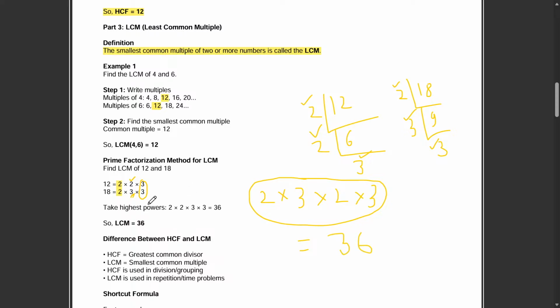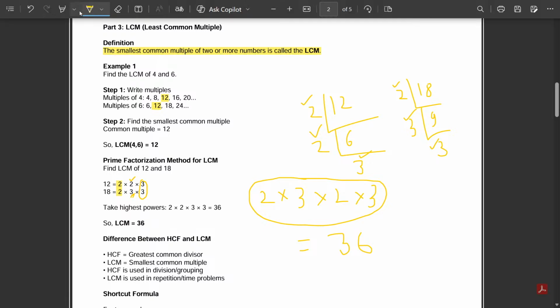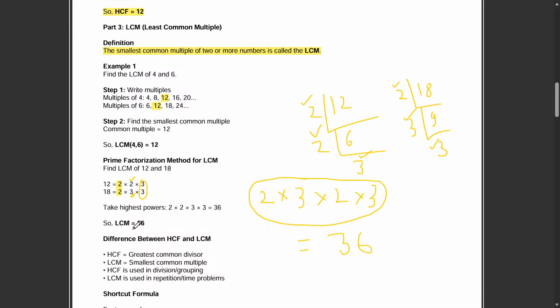So we are getting 36. We can say the LCM of 12 and 18 is 36.